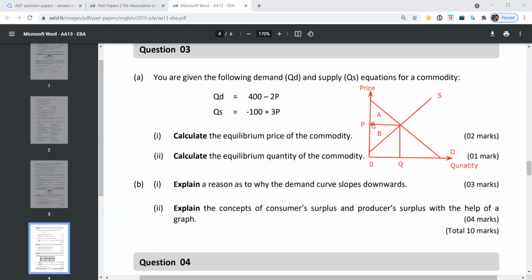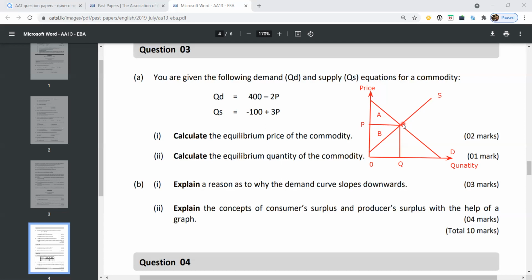Right. Then the producer surplus. Producer surplus is the difference between market price and the price where the producer is willing to sell. So producer surplus occurs at the area above the supply curve and below the equilibrium price.